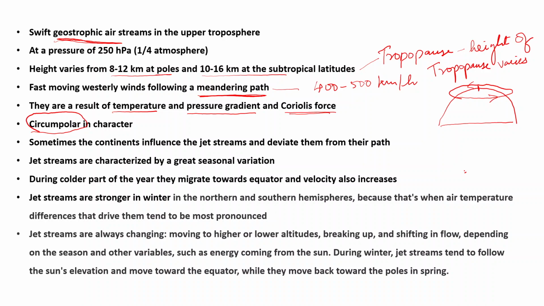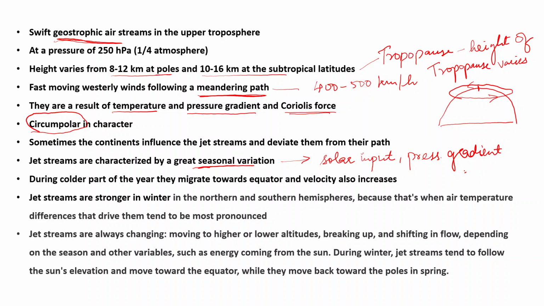Jet streams are also characterized by a great seasonal variation. When we say great seasonal variation, it means we are talking about the solar input, the pressure gradient, etc. So with seasons, the jet streams also vary.